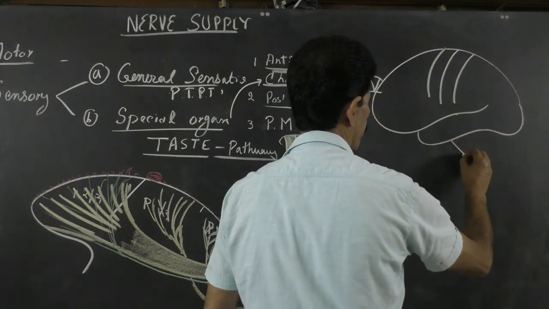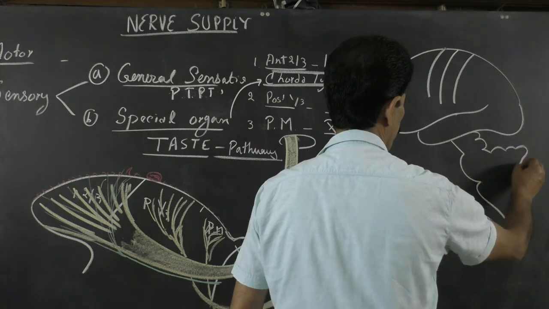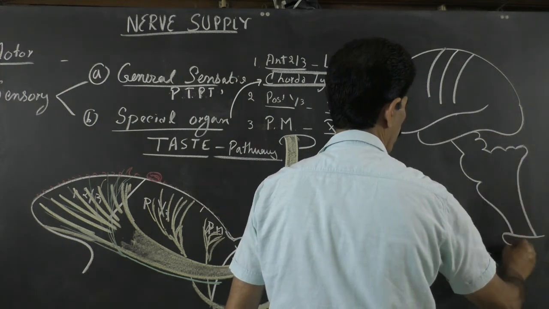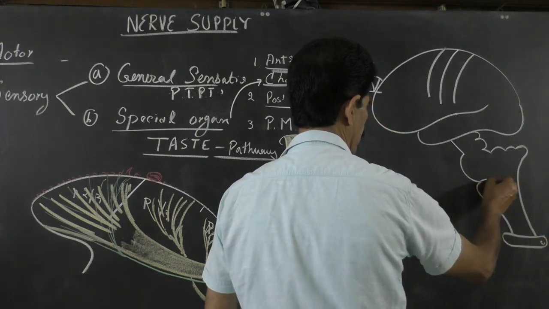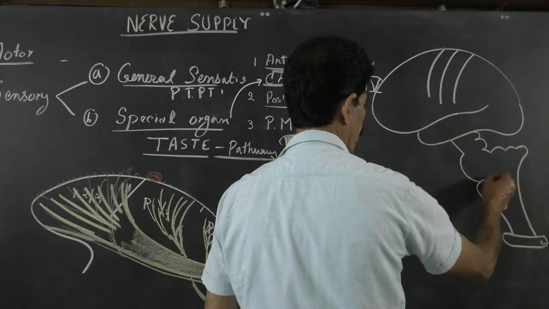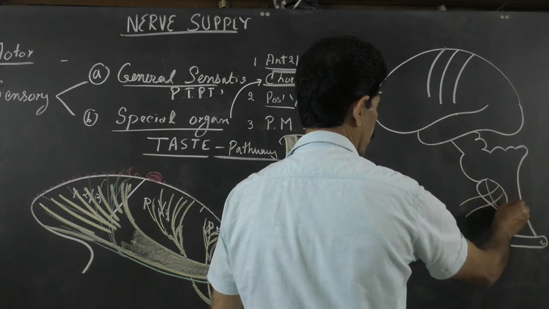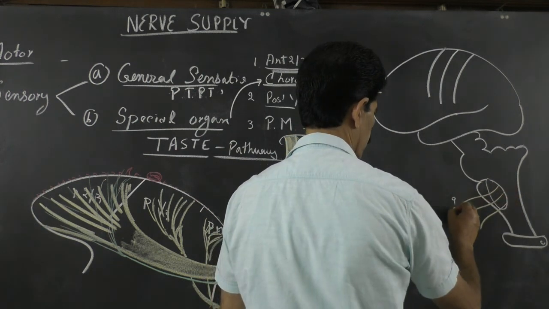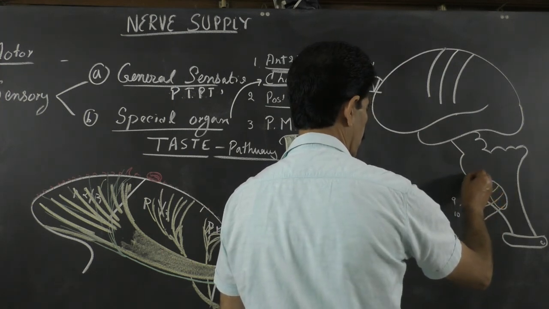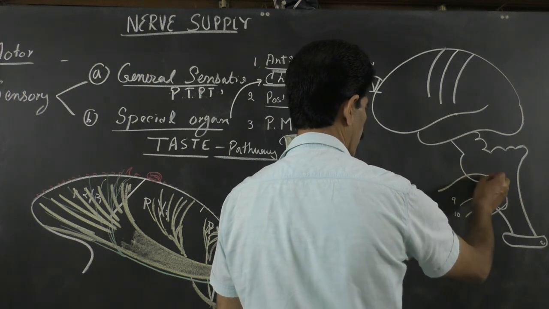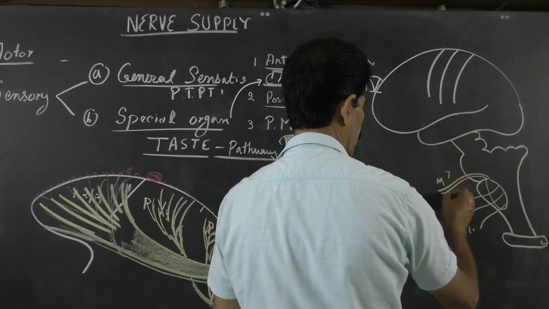so this is the midbrain, pons and medulla. This is the pontomedullary junction, this is the pyramid, this is the olive. Later to the olive arise the 9th, 10th and 11th nerves. And from the pontomedullary junction arises the facial nerve by two roots, the motor root and the sensory root.